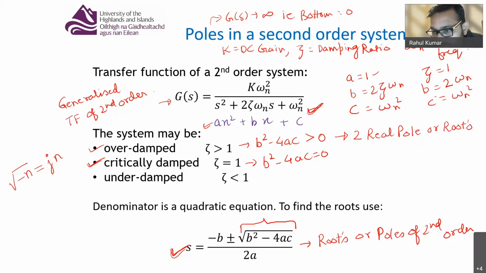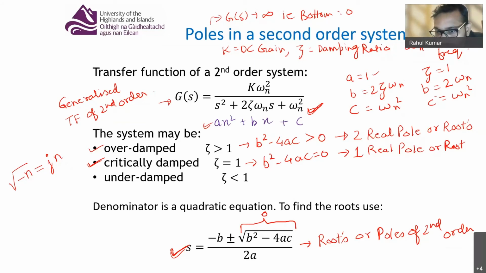So we can say I will get only one real root or real pole, because this term is becoming 0. I'll be left with minus b divided by 2a, so that will give me only one value. It could be either positive or negative depending on the value of b and a, but it will be real. There will be no imaginary part.